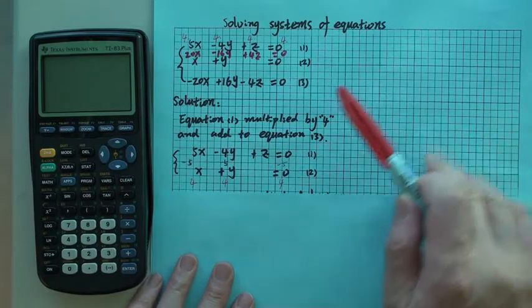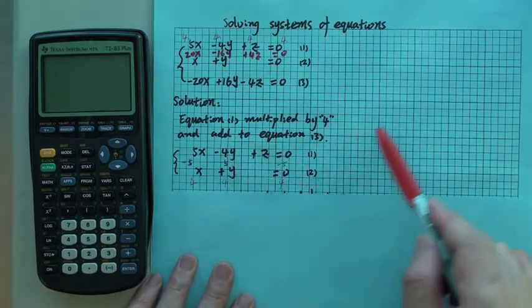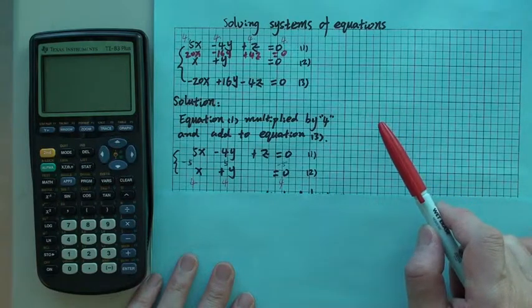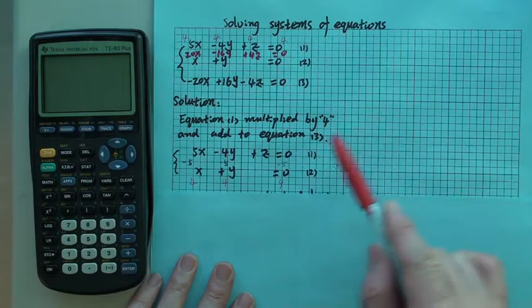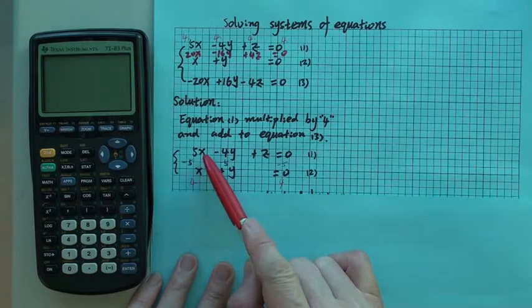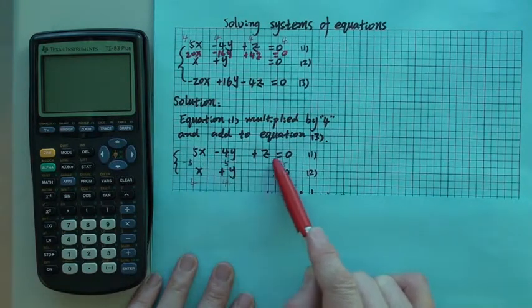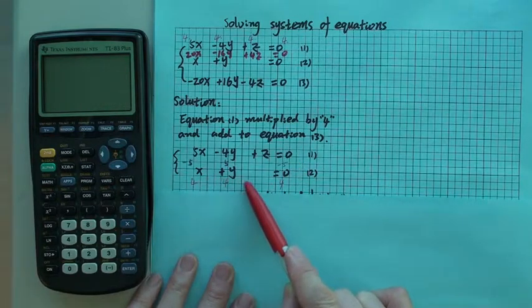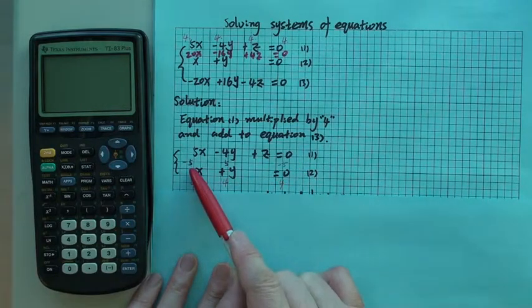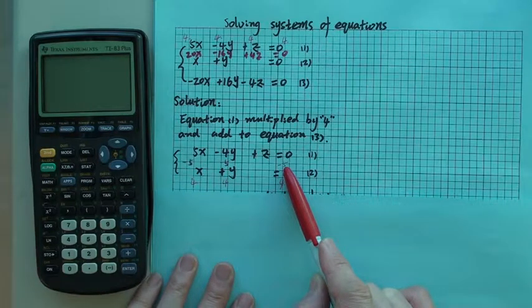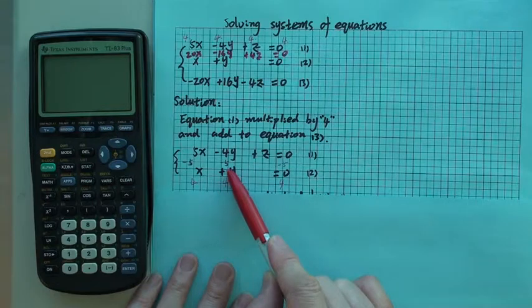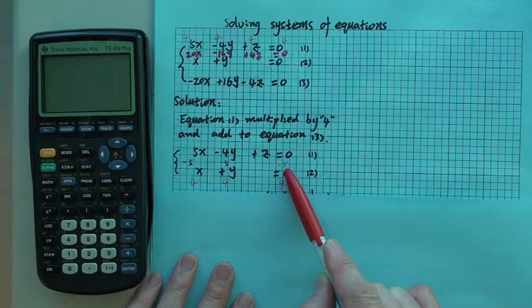Now we've got a system of two equations. Here we want to eliminate the x in the first equation. Then we multiply the second equation by negative 5 everywhere. Then what do we get? We get negative 5x, negative 5y, negative 5 times 0 is 0.